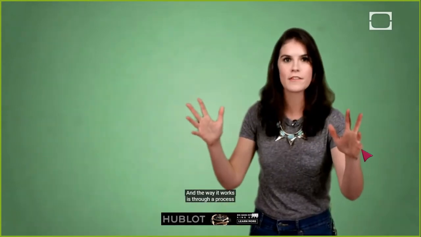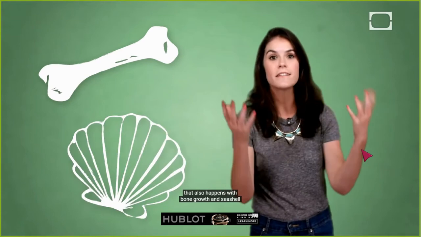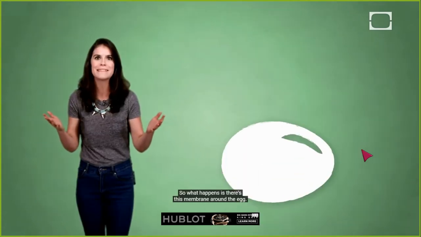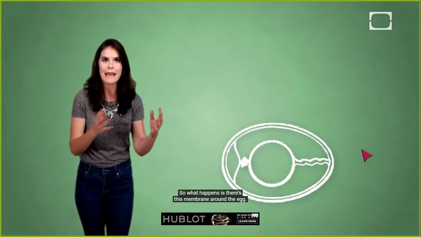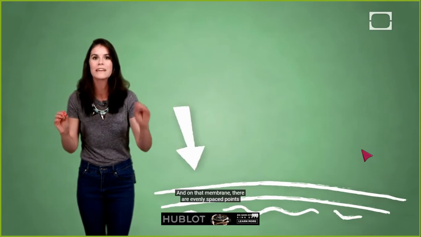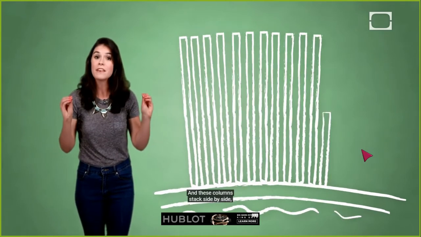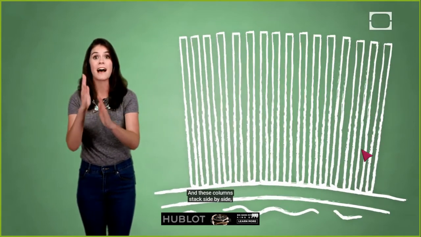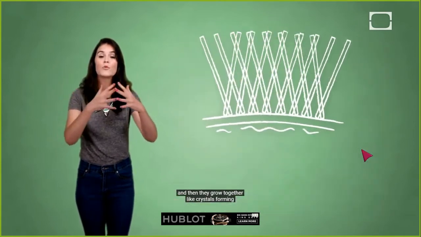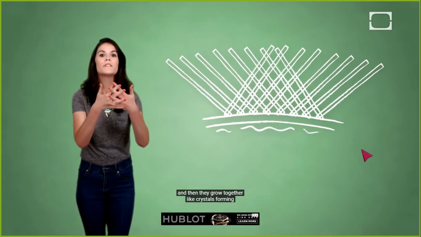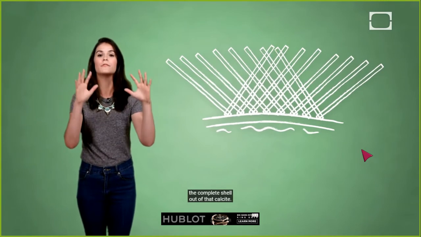And the way it works is through a process that also happens with bone growth and seashell development. So what happens is there's this membrane around the egg, and on that membrane there are evenly spaced points where columns of calcite form. And these columns stack side by side, and then they grow together like crystals, forming the complete shell out of that calcite.